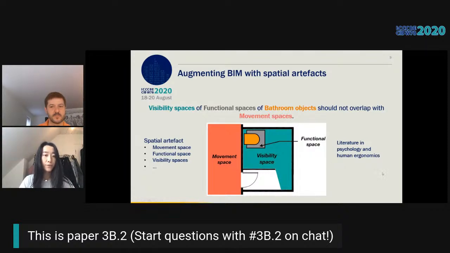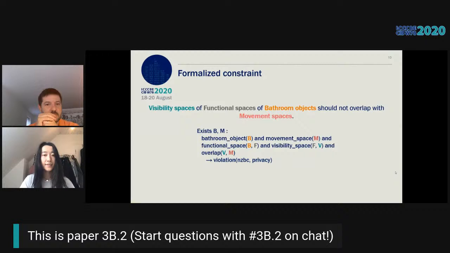So this code is actually translated into a topological constraint that says the movement space should not overlap with the visibility space. So the green region and the red region should not overlap. And we can encode this as a logical proposition that says if there exists a bathroom object B, a movement space N, a visibility space V, such that V overlaps with N, then there's a code violation.